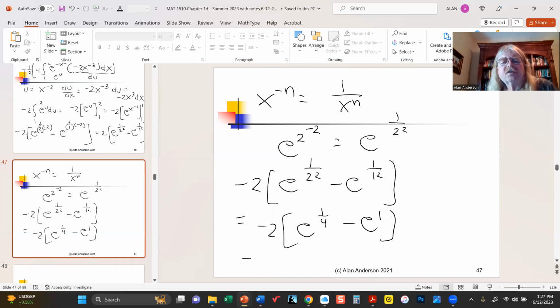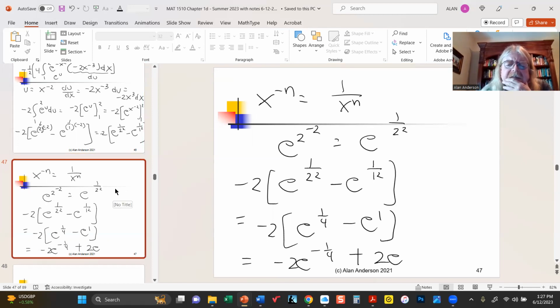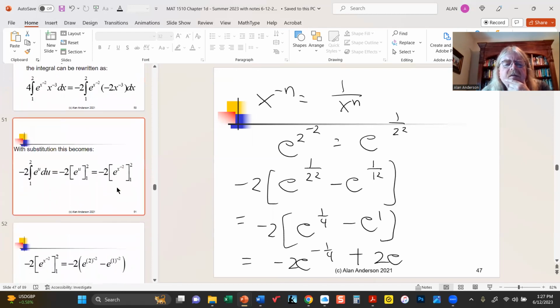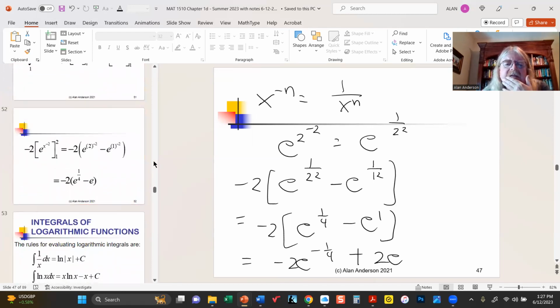And you can distribute the minus 2 here if you need to or want to. You don't absolutely have to. And since this is e to the first, we can just write it as e. So it's still a messy problem. It's just that the way we cleaned it up, so to speak, made it a little bit simpler.